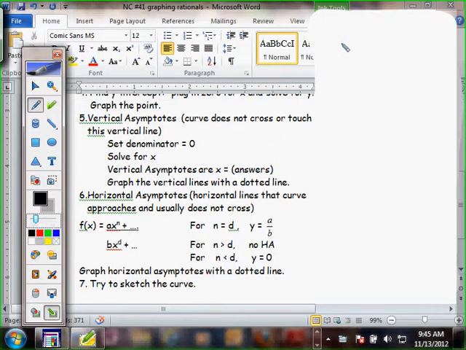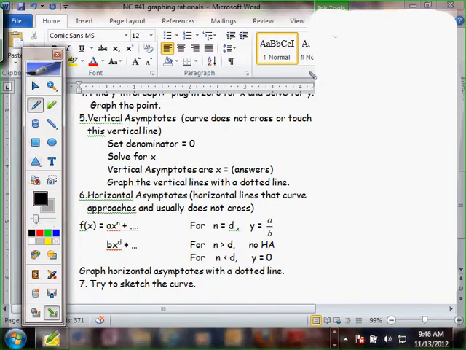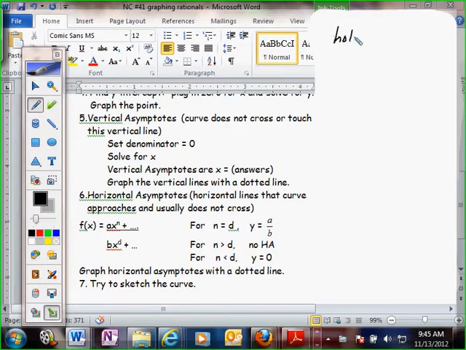Okay, recapping what I've found so far: I have a hole at the ordered pair 6, 5 over 12.